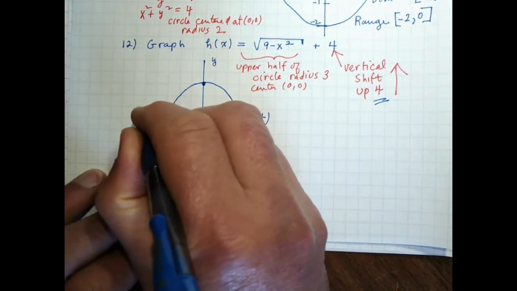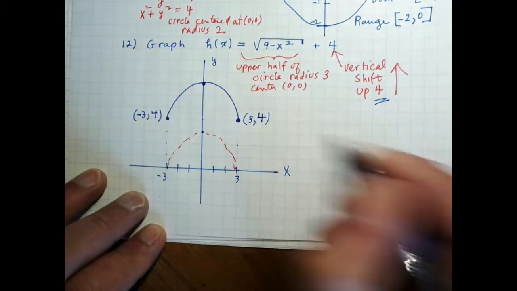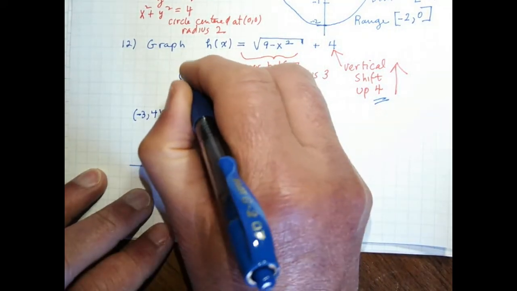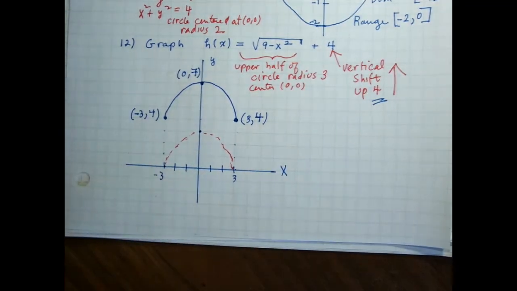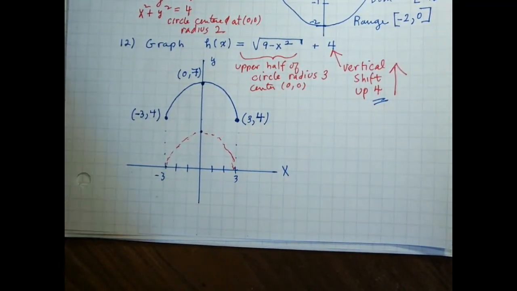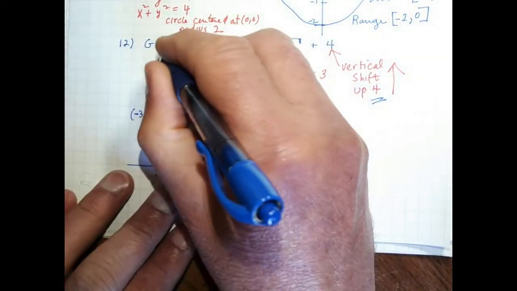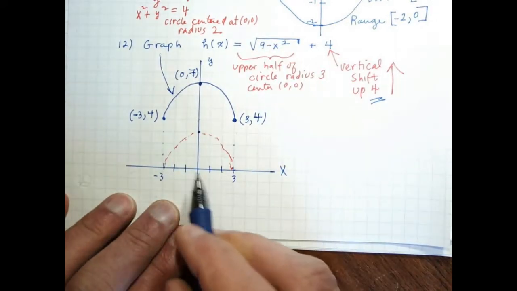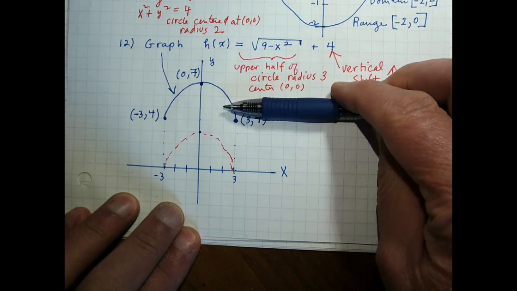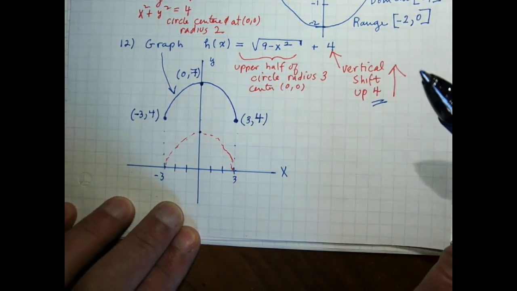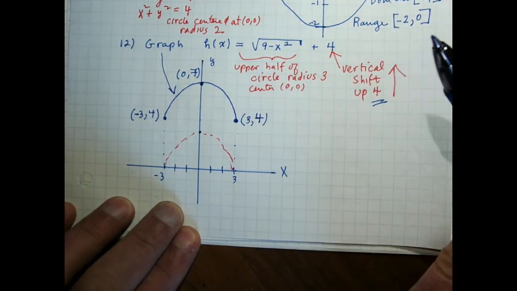This is the point -3, 4. And I guess this is the point 0, 7. That's what the graph of this function h looks like. It's just, again, half a circle, but lifted up 4 units above the x-axis.